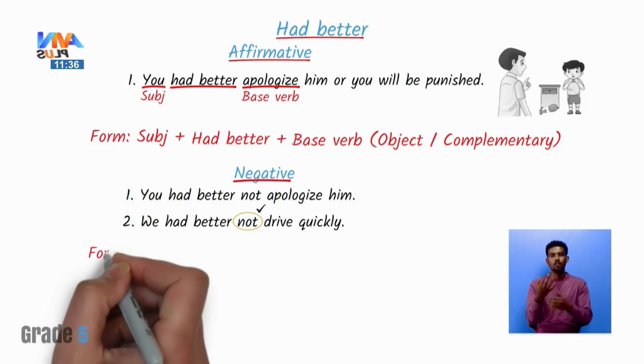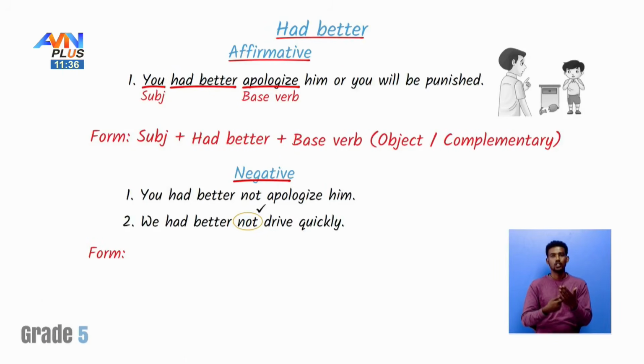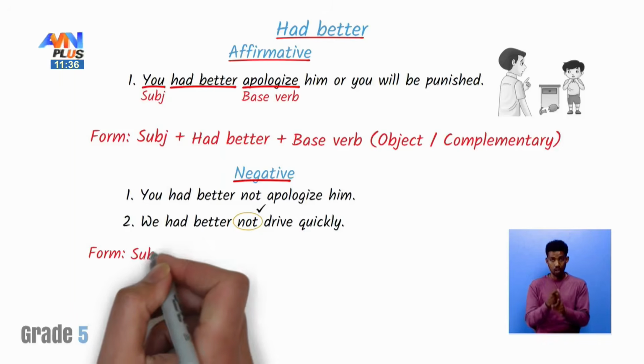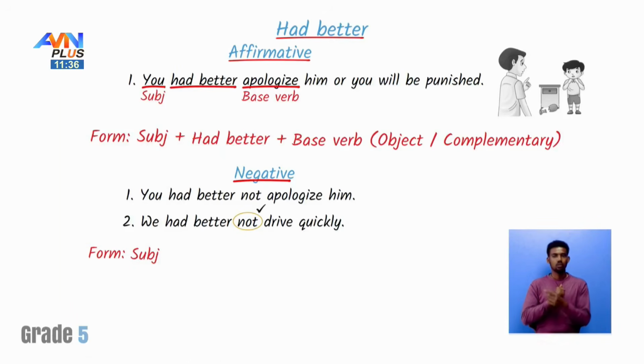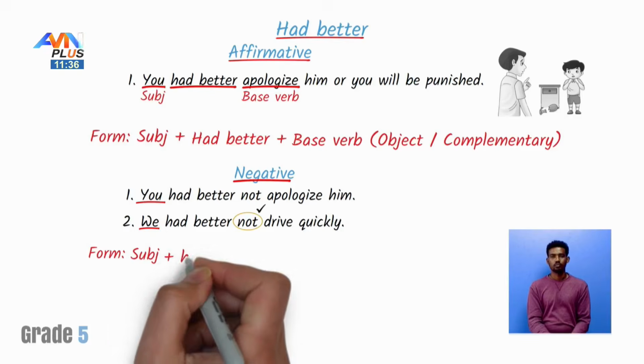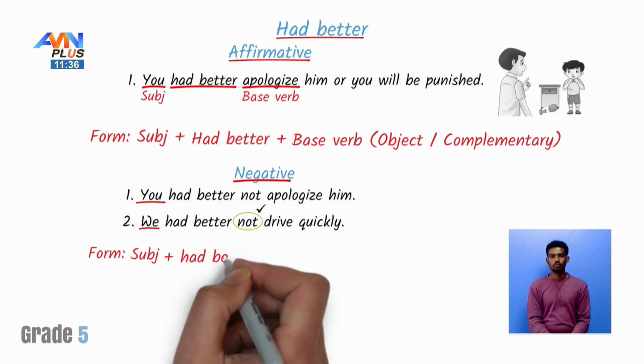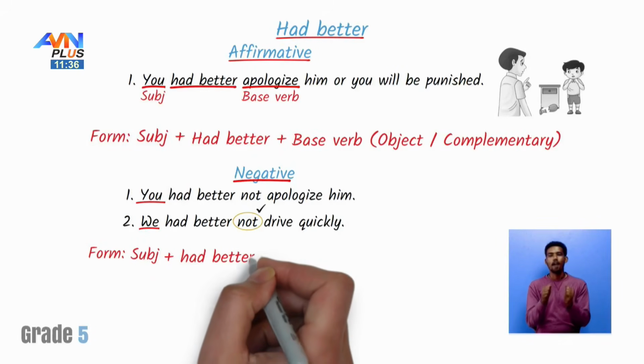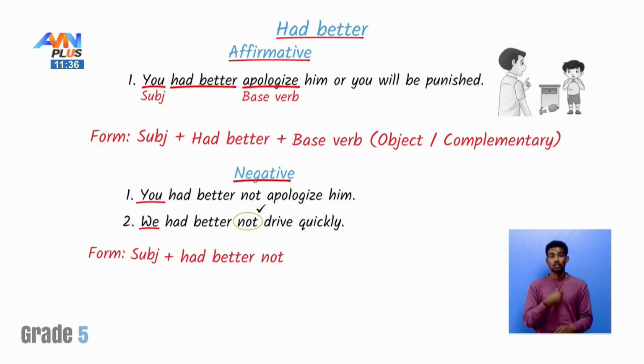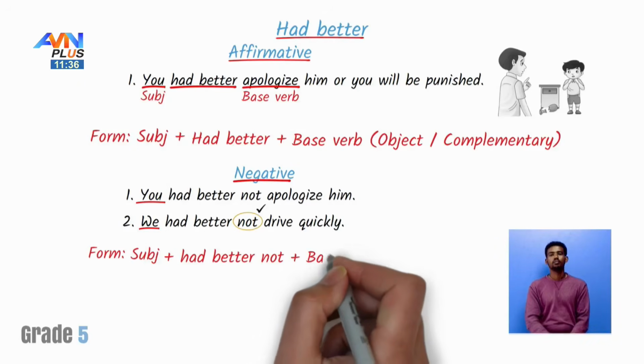The form of this concept is subject. Am I right? Because here is the subject. Here is the subject. Plus, what? Had better not. Better not. Drive, we've said. So, had better not plus base verb.